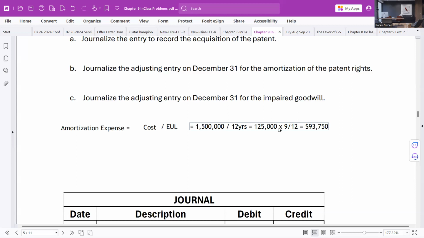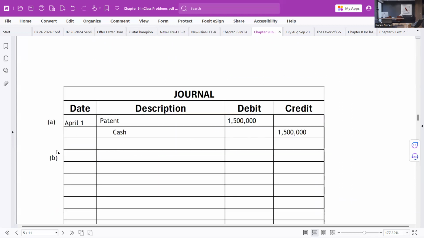So the amortization expense in B on December 31 should go in an account called amortization expense, 93,750.